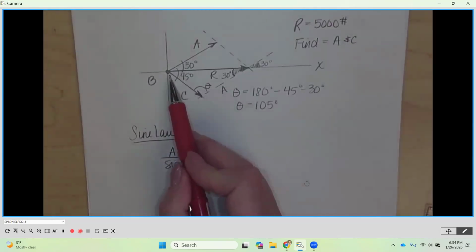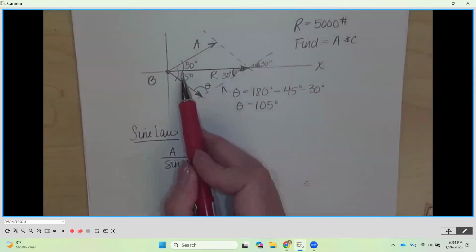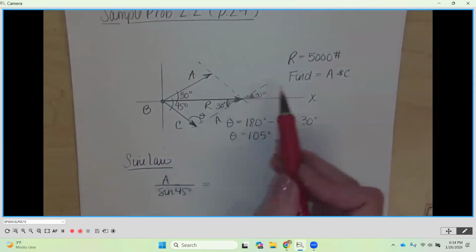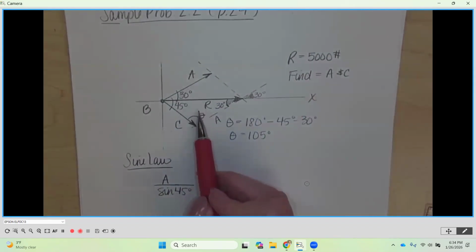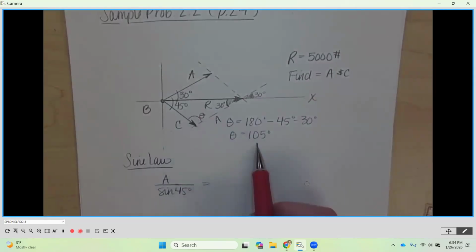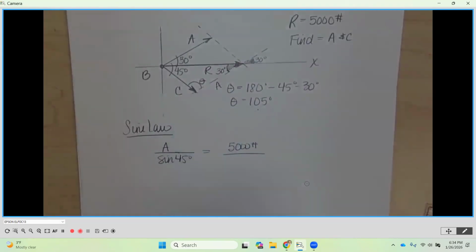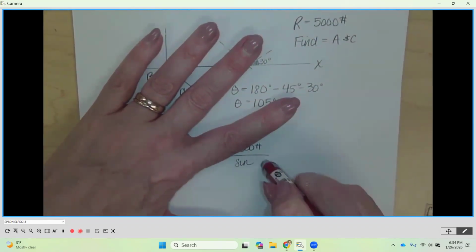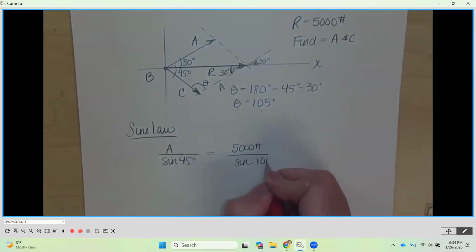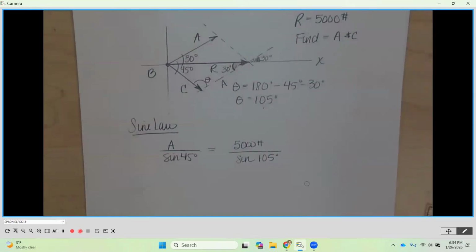The ratio I'm going to use is the resultant, which I know is 5,000 and is opposite the 105 degrees. So we're going to say 5,000 pounds divided by the sine of 105 degrees.